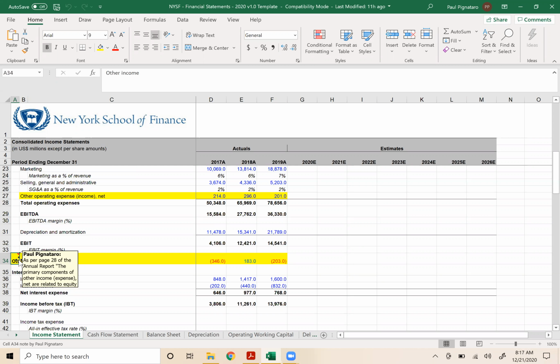Or if I buy this company, will this other income line item go away? How do I make that educated guess? Well, you have to understand what that other income line item is.